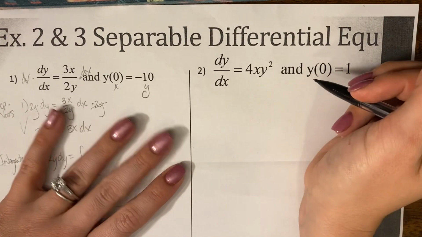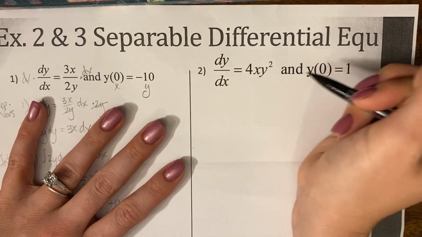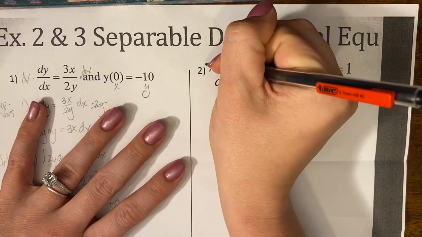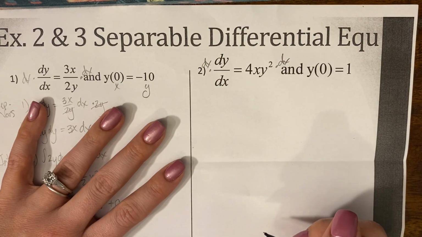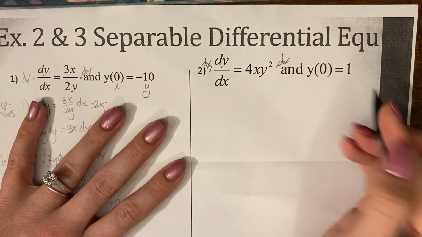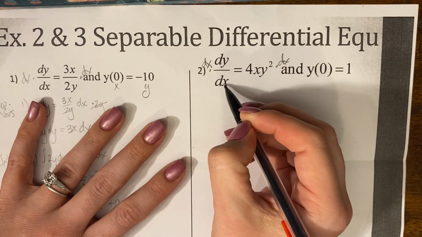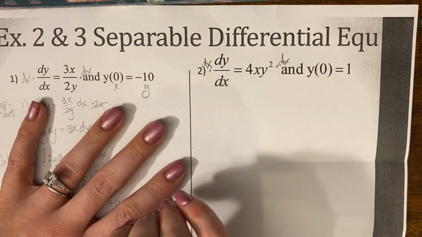And so my first step is to separate the variables. So I'm gonna multiply by dx on both sides. I'm gonna do another step simultaneously, so I do sort of 2 steps in one. I see that to get my x's on the right, I multiply by dx on both sides. I want my y's on the left.